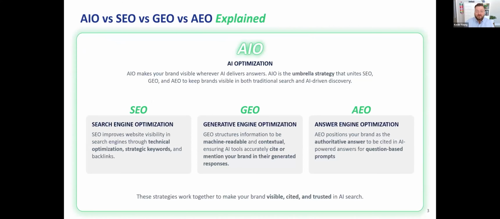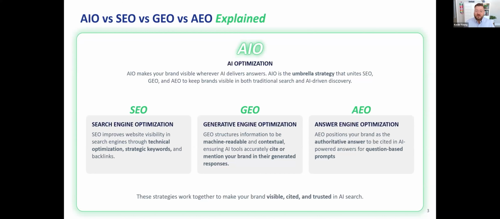So let's do a quick level set here because there are a lot of acronyms being thrown around these days, a lot of which being used sort of interchangeably. There really isn't an industry consensus quite yet on whether it's GEO or AEO or AIO. But what I want to do is share our disposition here at Overdrive and just how we see things.